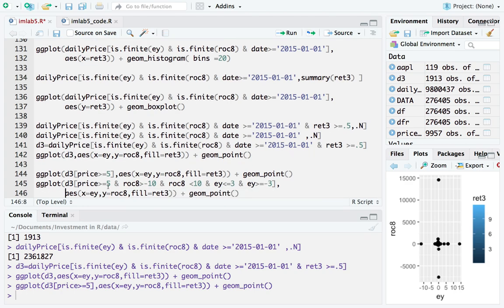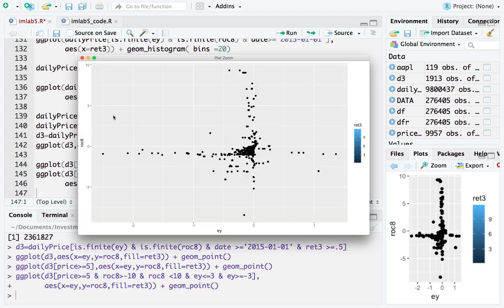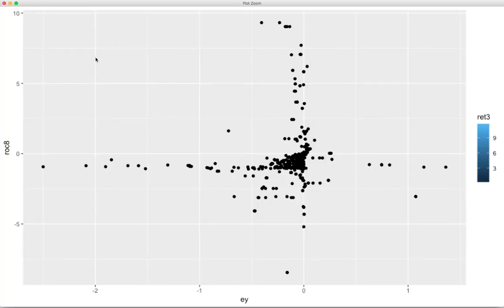All right, so now I've limited my ROC8 between negative 10 and 10, and 3 and negative 3 earnings yield. Now I run this. Aha.